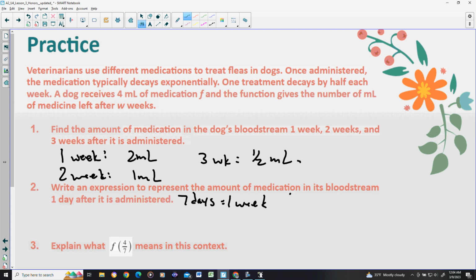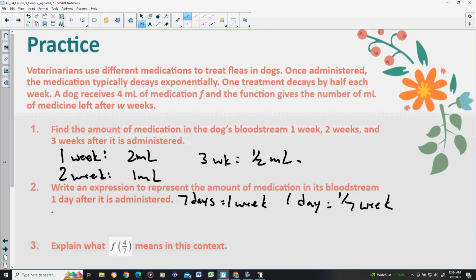So 1 day equals how much of a week? Equals 1/7 of a week. That's because the function is in terms of weeks, and the decay here is in terms of weeks. Then the exponent that I use has to represent weeks as well.